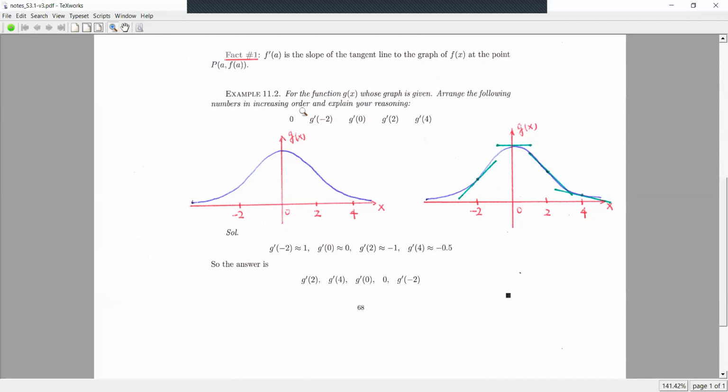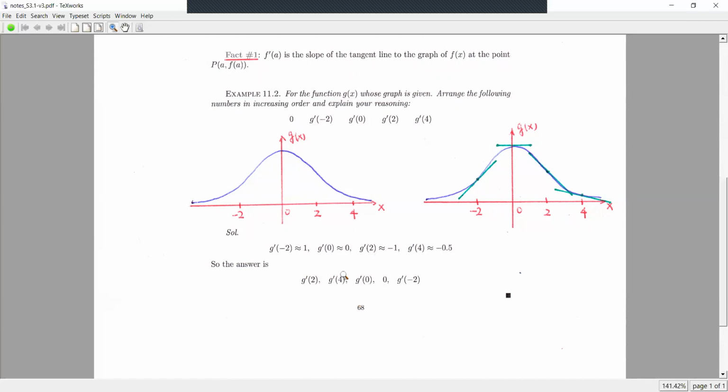Now, after I have this information, I can arrange these 5 numbers in increasing order. The smallest number is the derivative at 2, -1. So the derivative at 2 is the smallest. The second smallest number is the derivative at 4. It is -0.5.